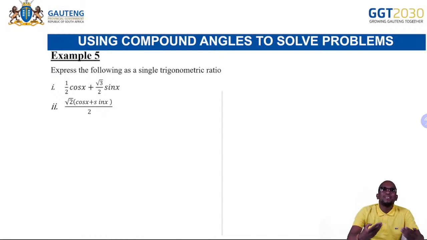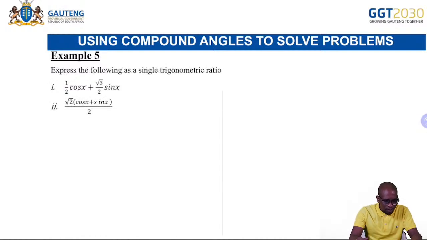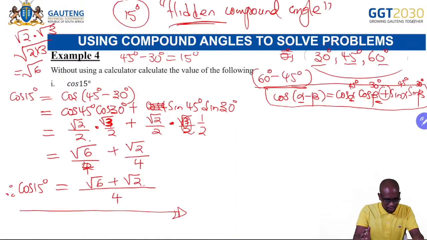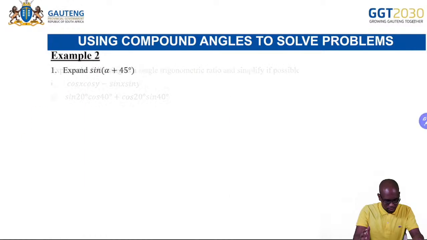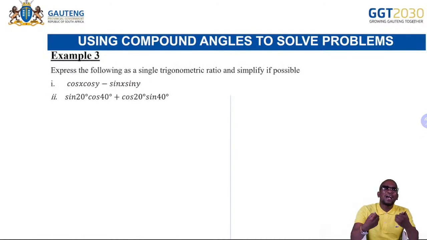Now, we are still using compound angles, but now we need to be smart about this one. Remember, we started this side. We said we should be able to move forward and expand. In the next one, we're testing whether we are able to go back and condense.